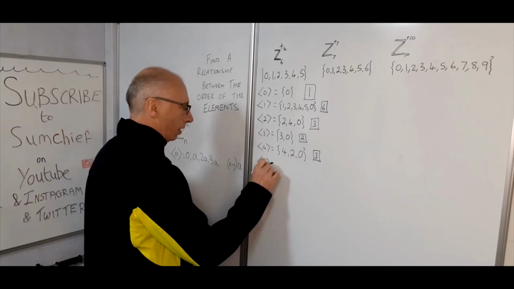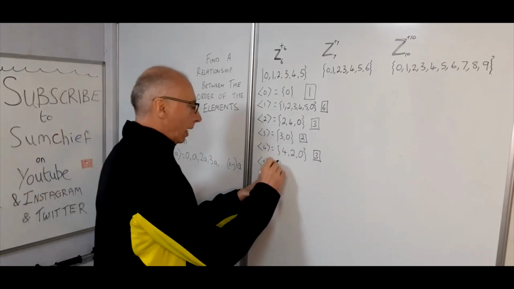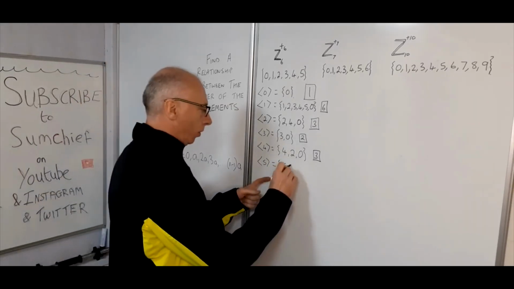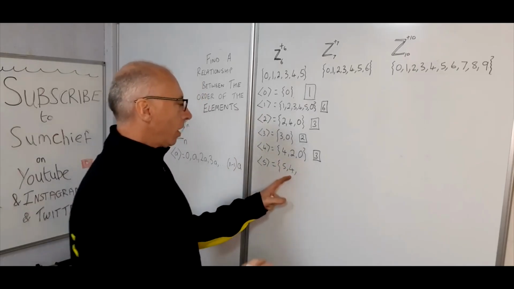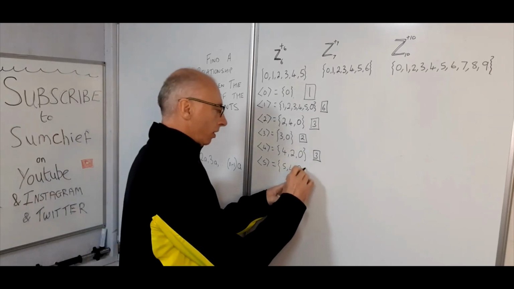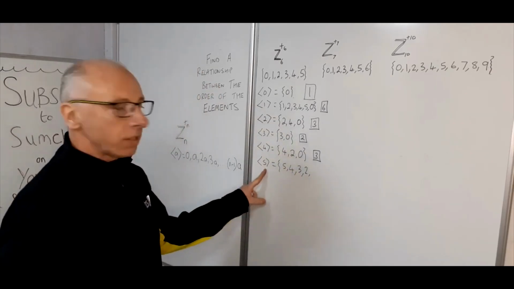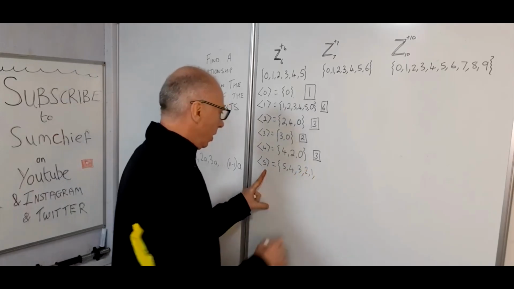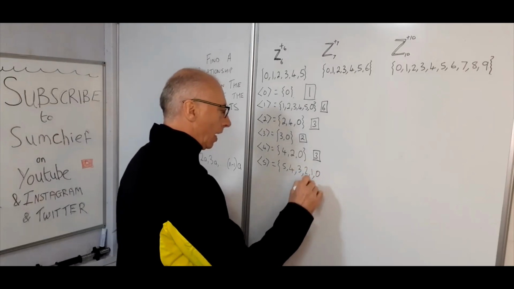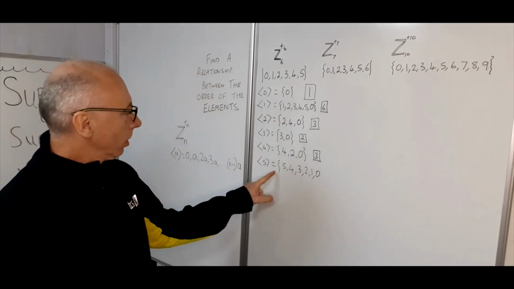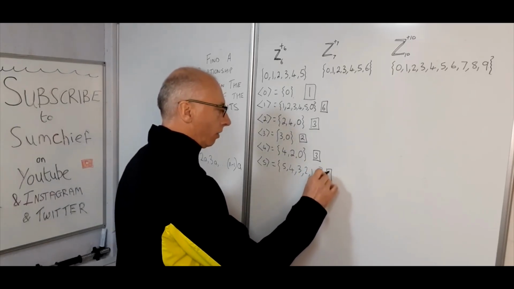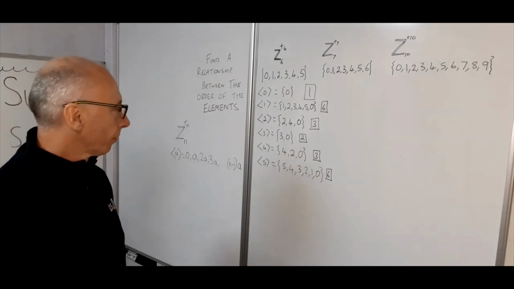And then 5, so just keep adding 5 to 5. 5 plus 5 is 10, modulus 6 gives us 4, 4 plus 5 is 9, modulus 6 gives us 3, 3 plus 5 is 8, modulus 6 gives us 2, 2 plus 5 is 7, modulus 6 gives us 1, and then 1 plus 5 is 6, which ends us back at 0, and then 0 plus 5 gives back the original element. So this one is also a generator of the group, of order 6.